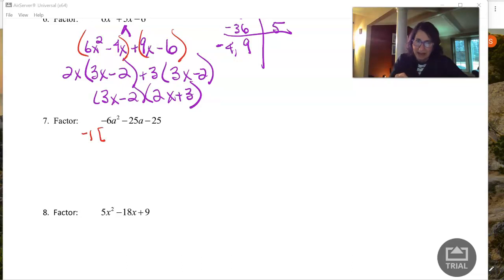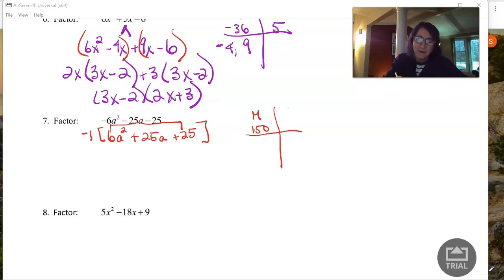And so then we're left with a positive 6a squared plus 25a plus 25. So now I'm going to multiply 6 times 25, and that'll give me 150. So we're looking for what can we multiply that gives me 150 but adds to 25.